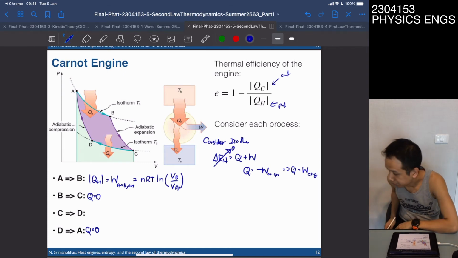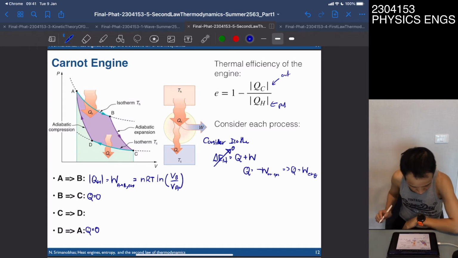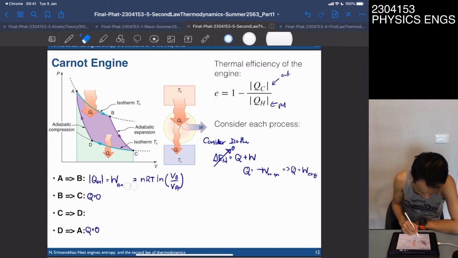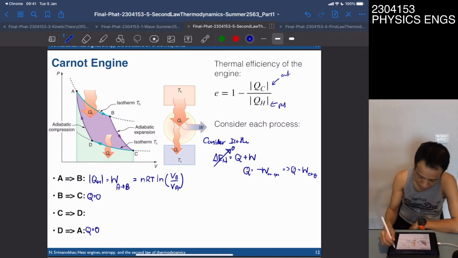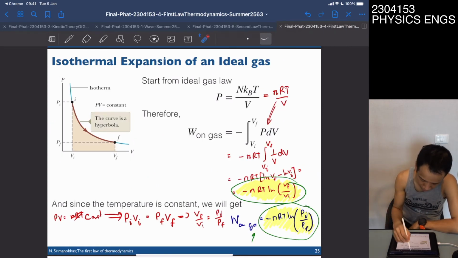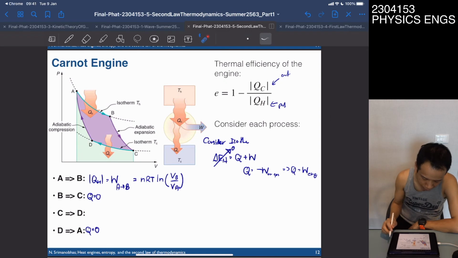Do you follow me? You just use this formula, taking Vf as VB and Vi as VA, as the process goes.